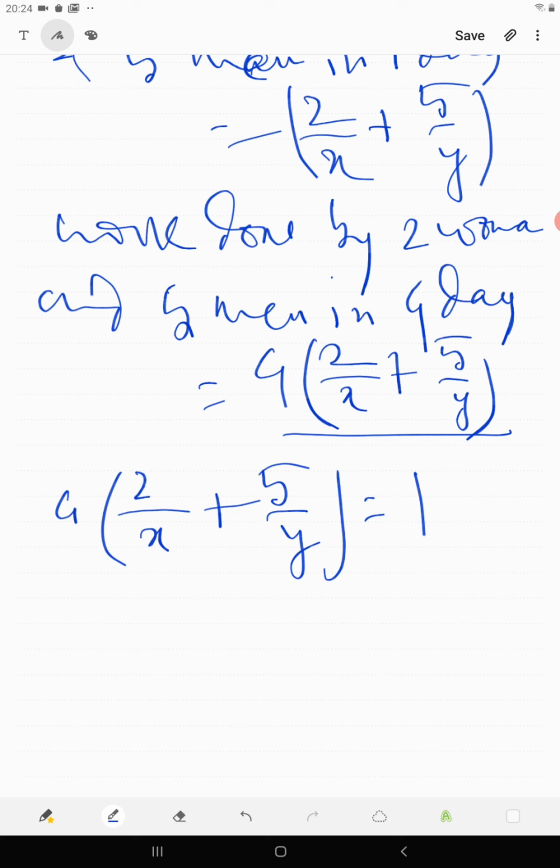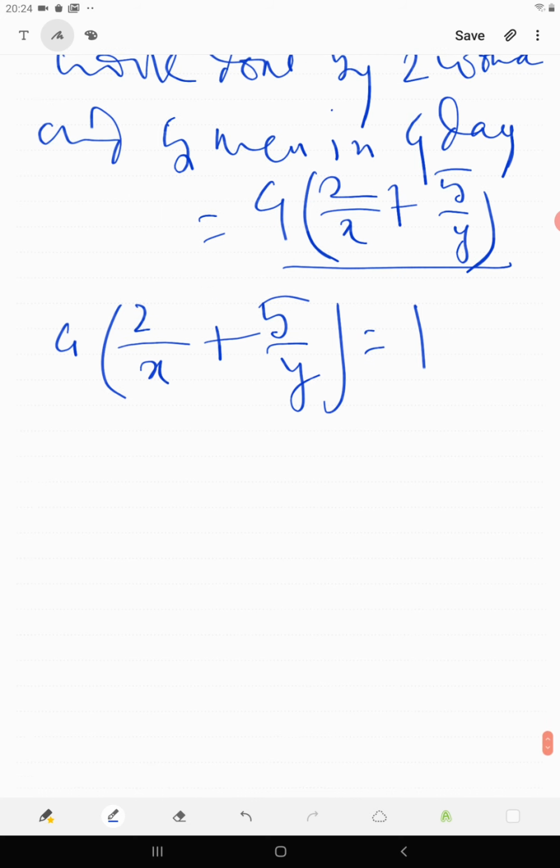Similarly, the next condition we will see. 3 women and 6 men. 3 women will do 3 by x work in one day, correct? And 6 men in 1 day will do 6 by y, correct?